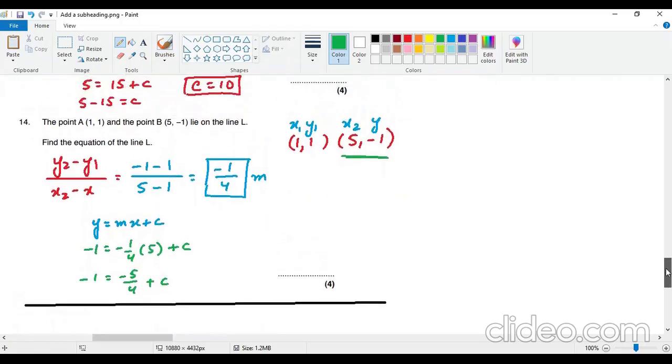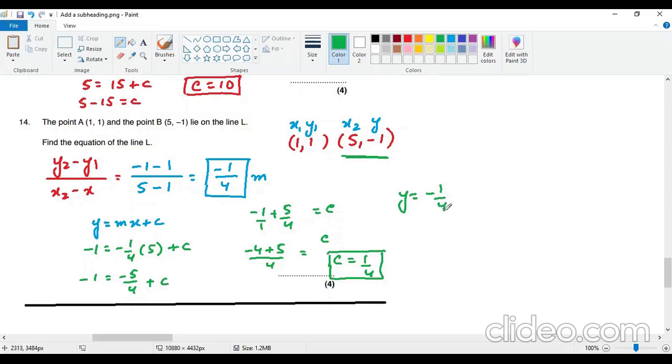That means c is equal to negative 1 plus 5 over 4, which is negative 4 plus 5 over 4, that means 1 over 4. C equals 1 over 4. So your final equation is y equals negative 1 over 4 x plus 1 over 4.